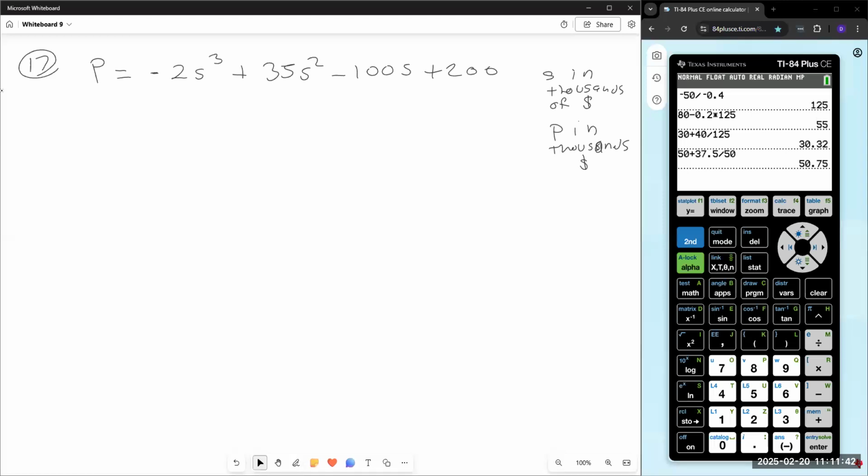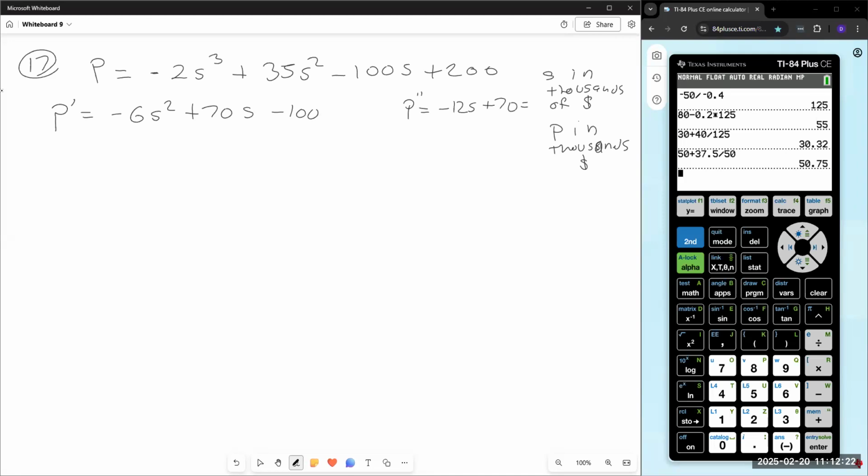So we want to find the amount spent on advertising S that maximizes profit P. So S is not sales, it's the amount spent on advertising. So P prime is negative 6s squared plus 70s minus 100, and P double prime is going to be negative 12s plus 70.